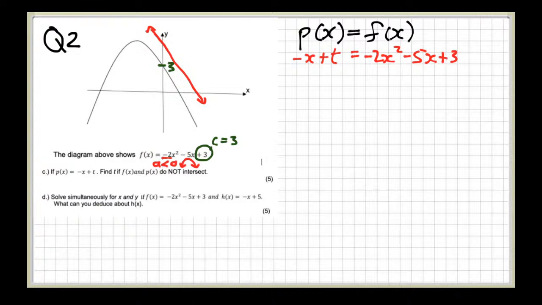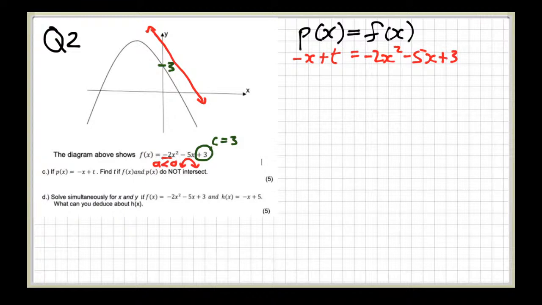Now that is not a nice equation, but it is definitely not impossible to solve. So let's have a look at how I prove that they can actually not intersect. Well, let's think about it. When will a quadratic equation have no solutions? Because if I can prove that this equation has got no solutions, it means that the graphs do not intersect each other.